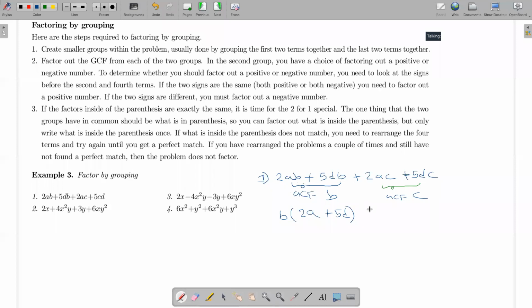Then this is a plus sign. Here what is common? C. I pull the common factor C out, 2A is left. Here the common factor 5D is out, so C out, 5D is left, no?